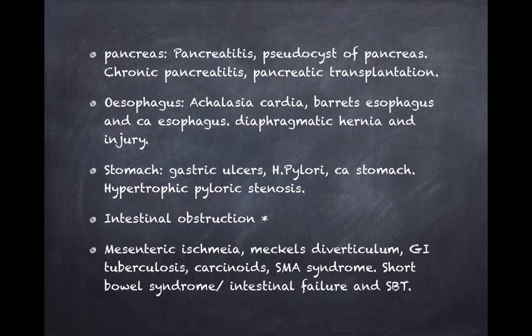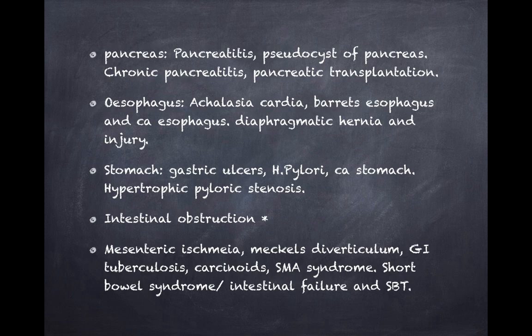So it is more of a practical applicable topic than textbook reading and just mugging up the features or the surgeries for it. So here you need to know that there could be small bowel obstruction or large bowel obstruction. Small bowel obstruction is mainly because of adhesions.